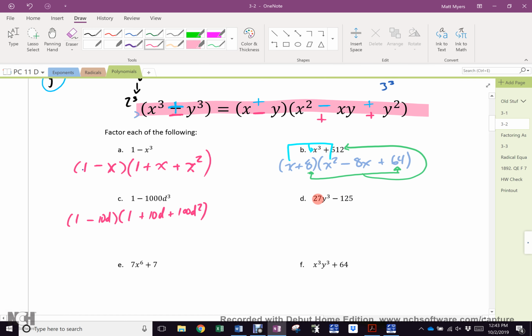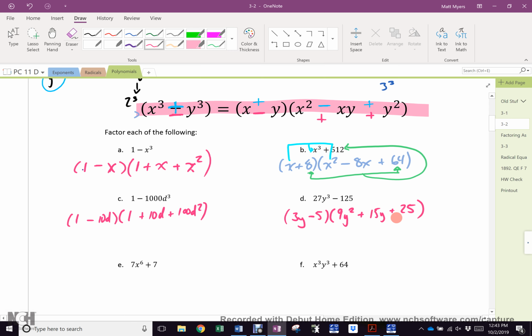What is the cube root of that? 3y minus, what's that squared? Then what? 15y plus 25.